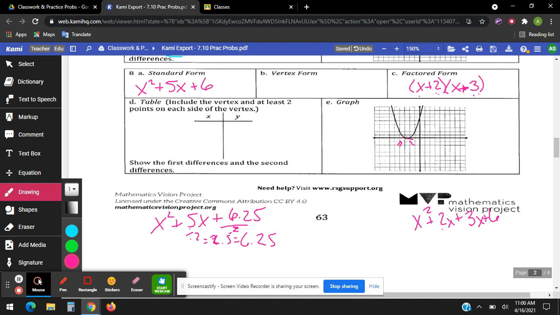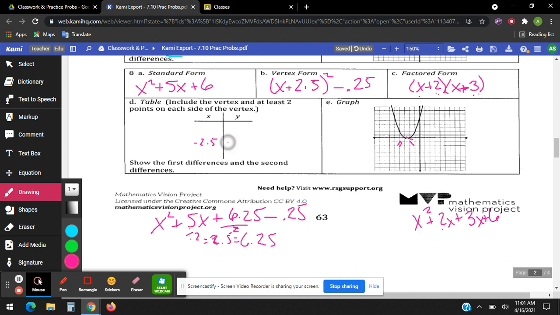So I have 6.25 and I want to go down to 6, which means I have to take away a 0.25. So my vertex form would be x plus 2.5 squared minus 0.25. Or I could put them all in fractions. 2.5 squared minus 1/4.